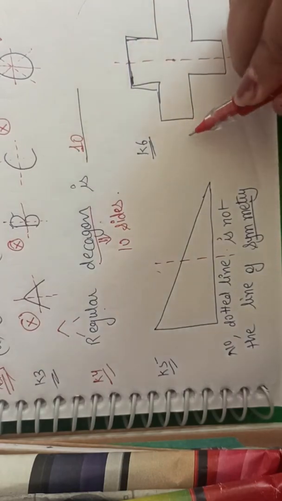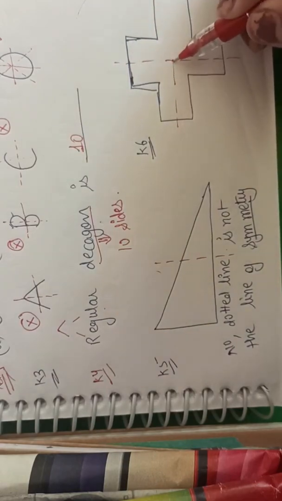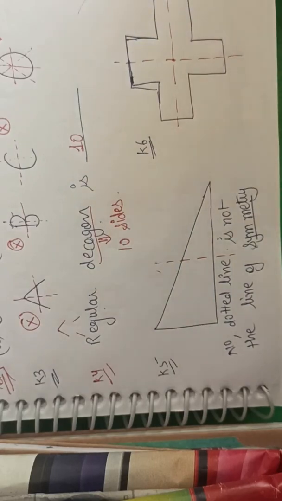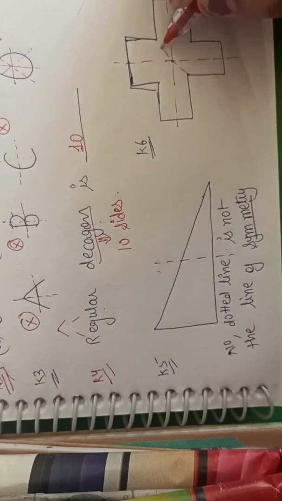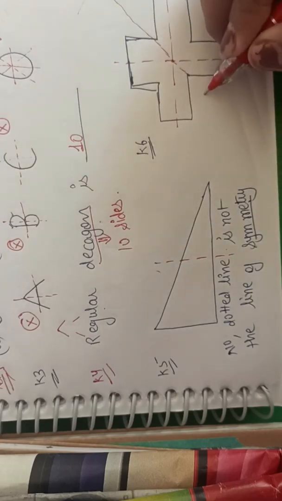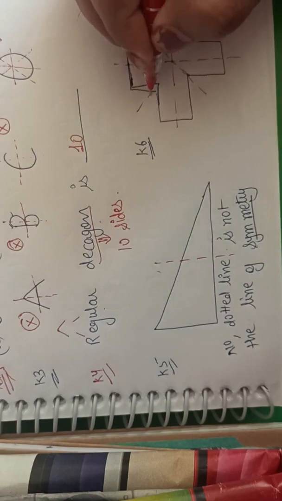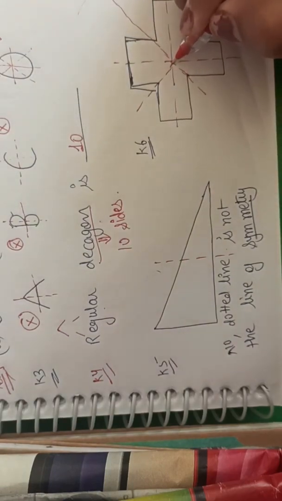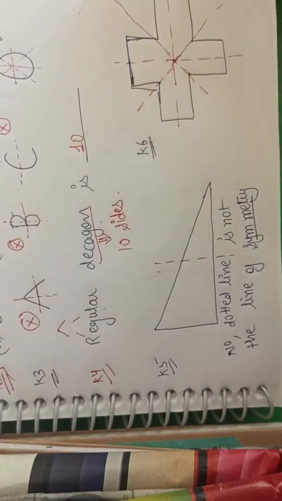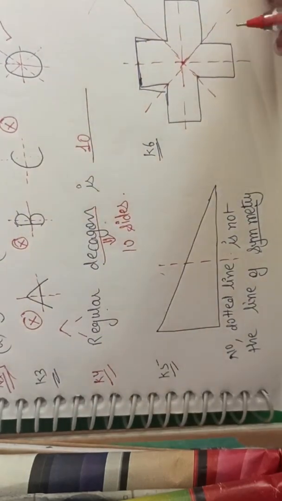This one, same design, horizontal. This is also a line of symmetry. After that, this one and all this, you will do with the help of a scale. Clear? All these are the lines of symmetry in the given figure.